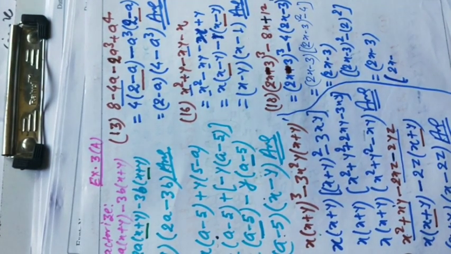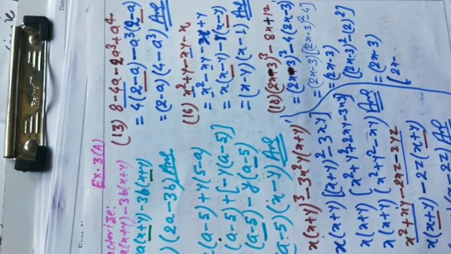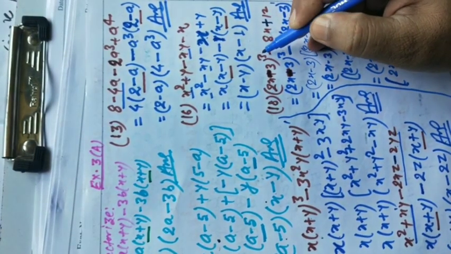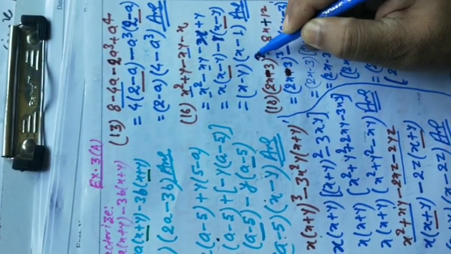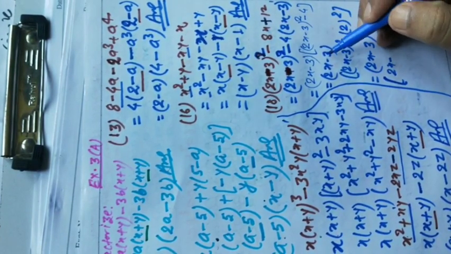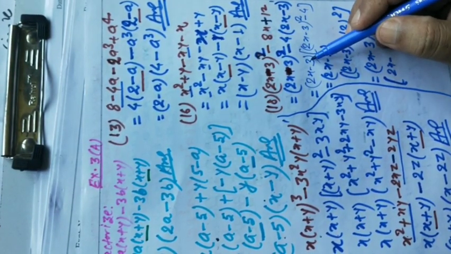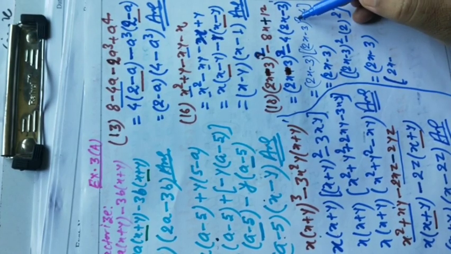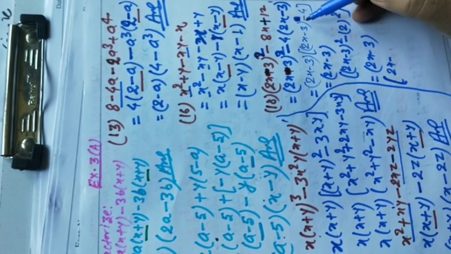I have again committed a mistake. A square is here, so put a square here, then 2x minus 3 is common, then 2x minus 3 will be left here.